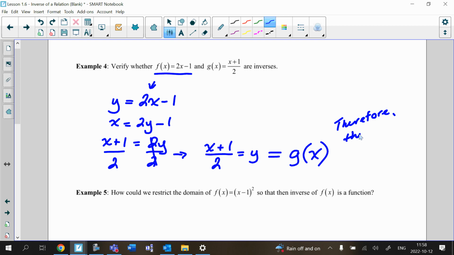Example 5. This is one of those restricting domain questions. What's this shape if I graph it? It's a parabola because it's got an x squared. And we could actually graph this.